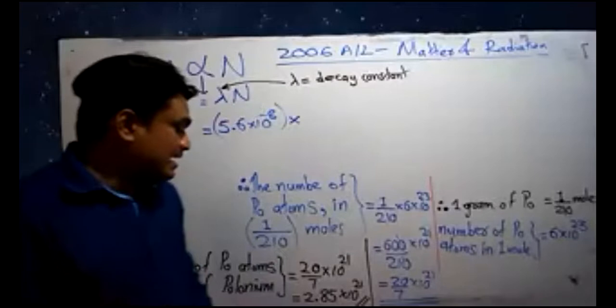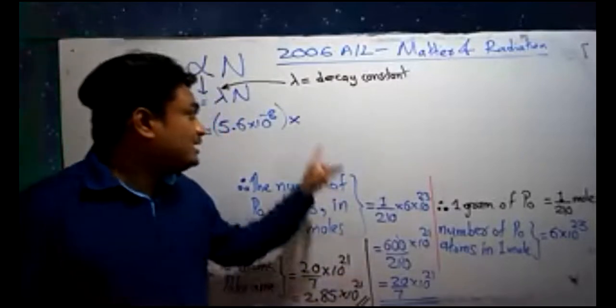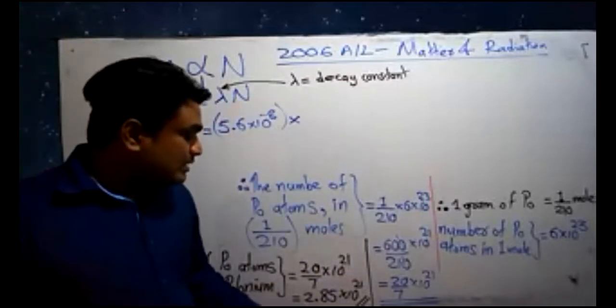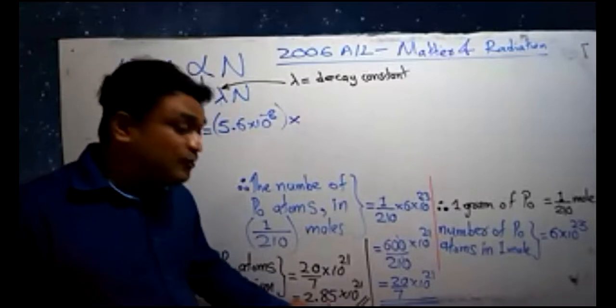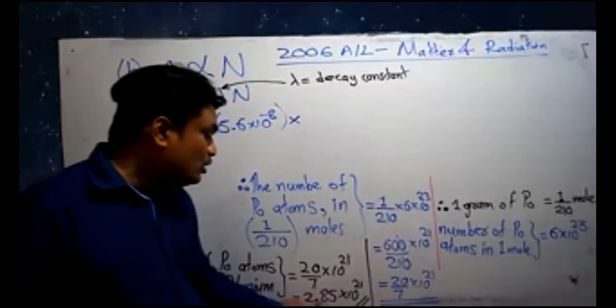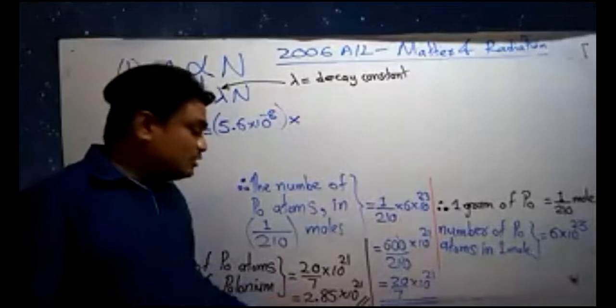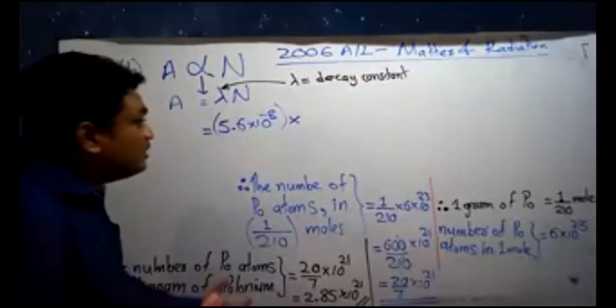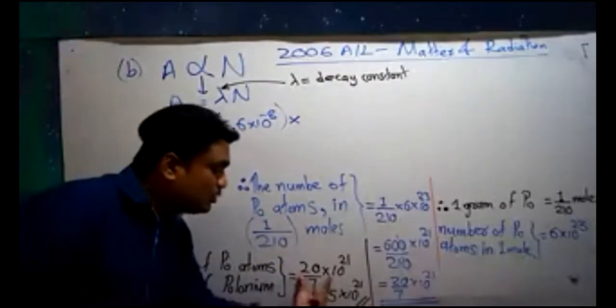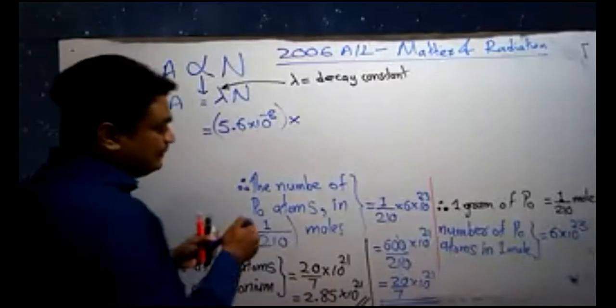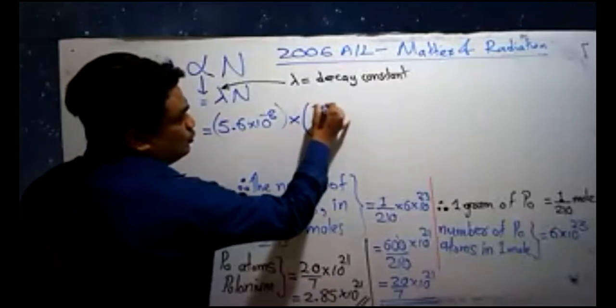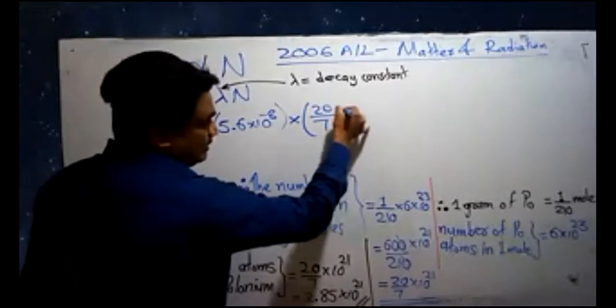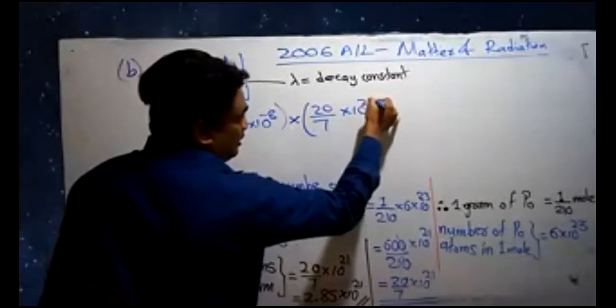Remember that never use this value for capital N, because this 2.85 is not exactly equal to 20 over 7. So whenever we want to use this value, use the fraction. What is the fraction value here? The fraction is 20 over 7 into 10 to the power 21.